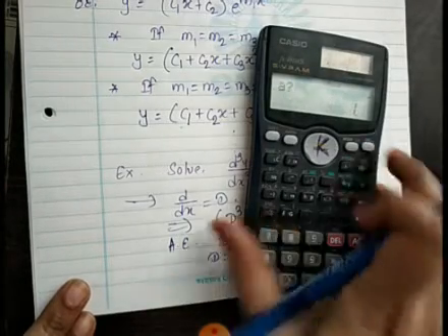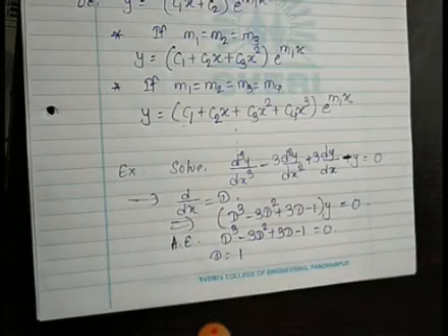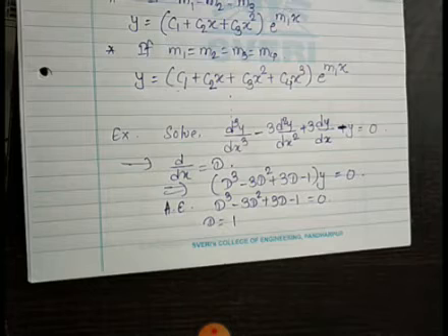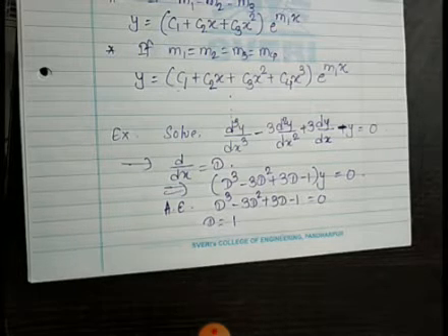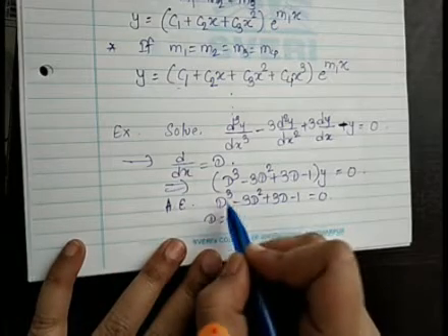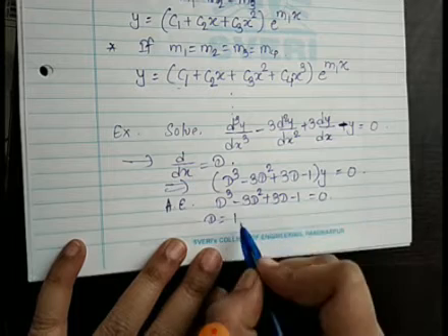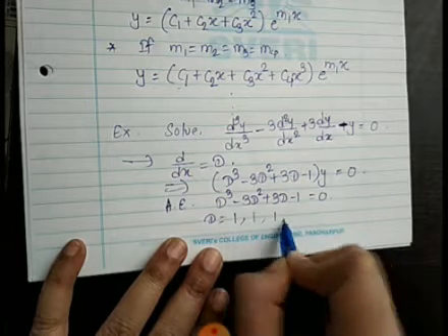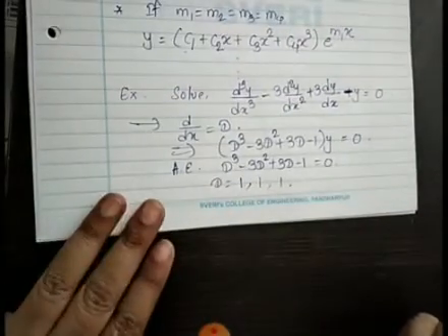We are getting 1 only on your calculator. So only 1 is the root? Okay, very good. As it is a cubic equation, as power is 3 and the calculator is showing only 1, so this only is repeating thrice. So your roots are 1, 1, 1.